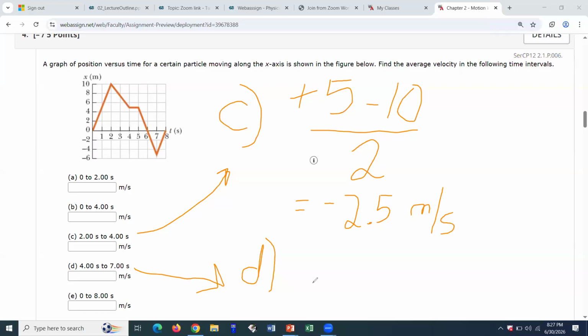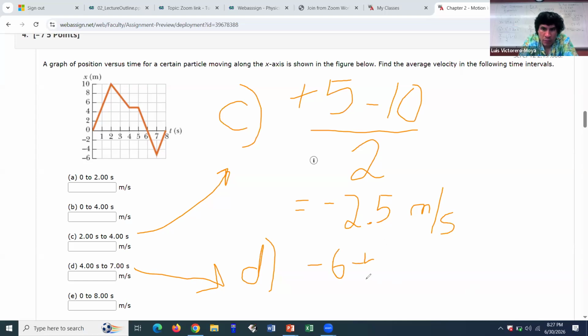Would it be -1/3 meters per second? Negative what? -1/3? -1 or -11? What's your final position? Yeah, -11/3. That would be negative 3.6.